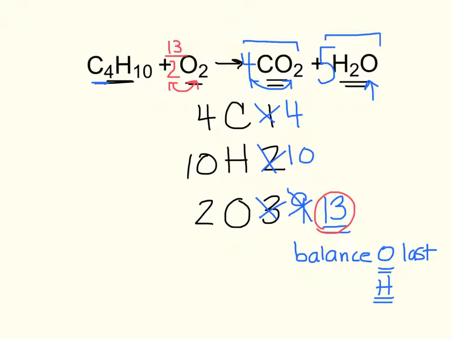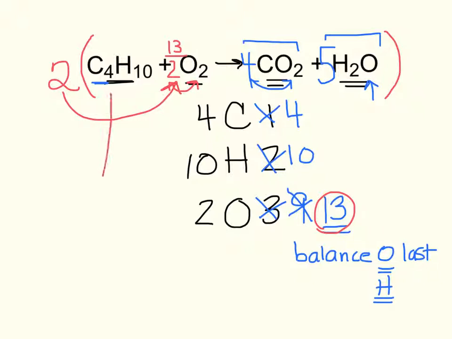So the easiest way to now take care of everything is this. We're going to multiply the entire equation by 2. We're going to double everything. By doubling everything, when you multiply 2 times this number, it's going to get rid of the fraction. And you'll get a whole number equation.